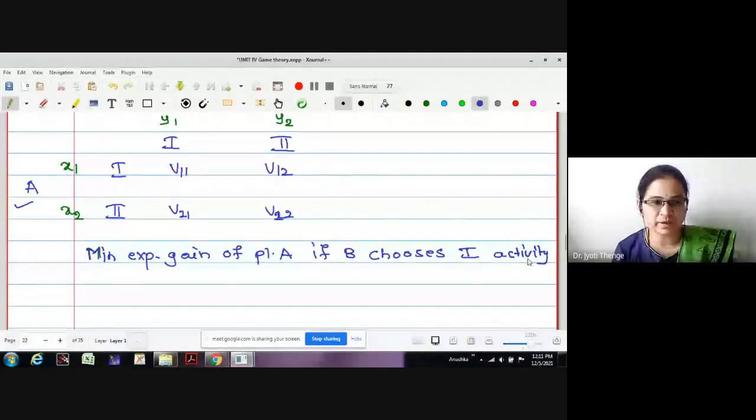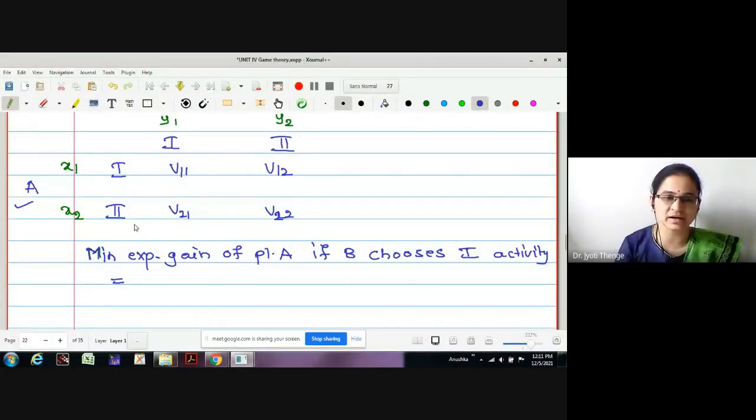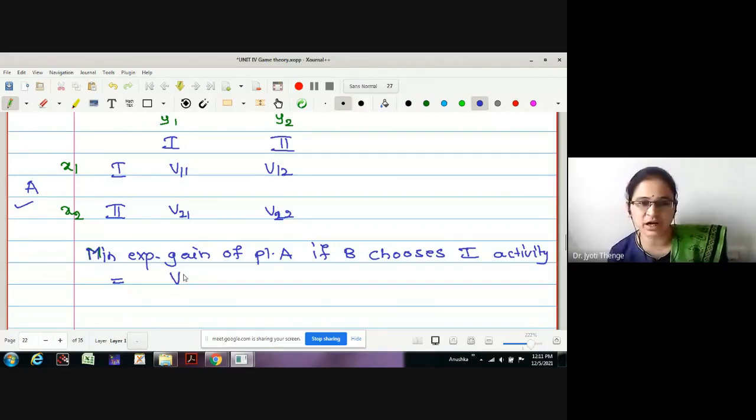This is the outcome if A chooses first and B chooses the first activity. Similarly, if A chooses second, B still chooses the same. Therefore, the expected gain will be the corresponding outcome times its probability. Therefore, let me write V11 into x1 plus V21 into x2.